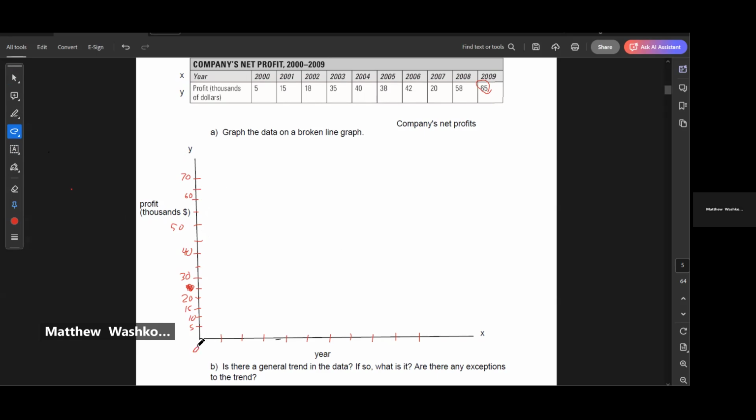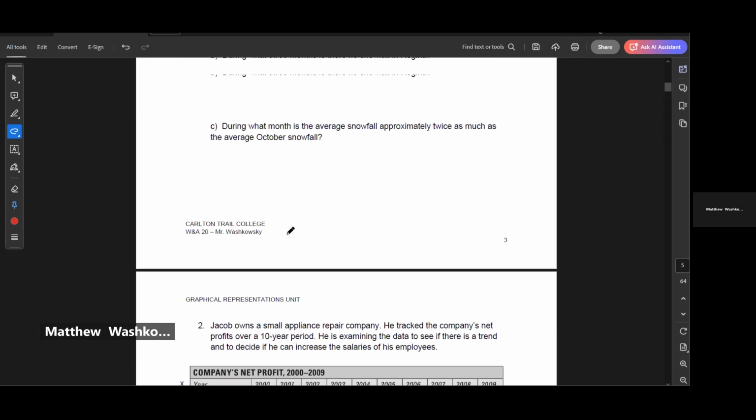I'm going to put 2000 over here. Here's 01, here's 02, here's 03, and so on and so forth. So you want to just think a little bit about your graph before you start doing it, is basically how it works. Here's 2006, 7, 8, 9, and here's 2010. Okay, so I've labeled my stuff here.